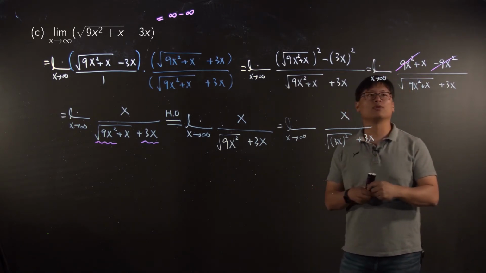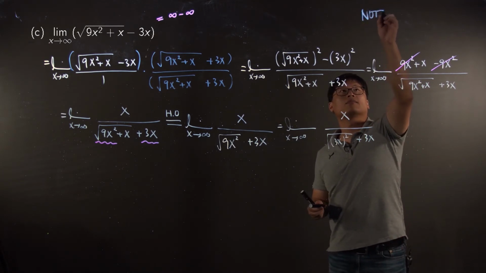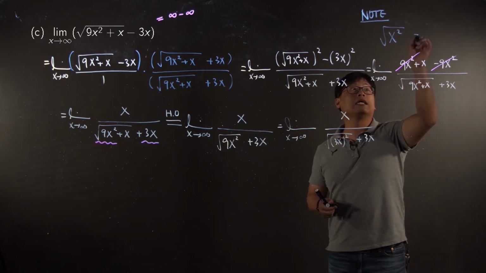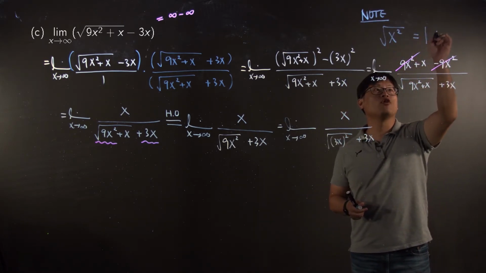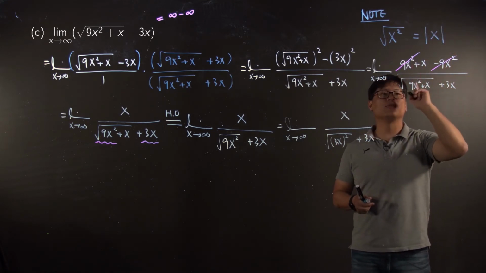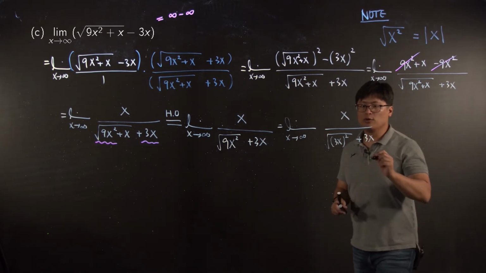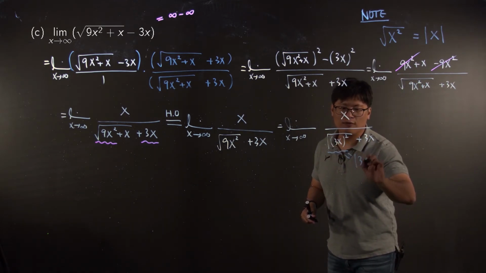Let me give you one important note here. Square root of x squared is equal to x? No. It is the absolute value of x. It depends on the sign of the inside. Does it make sense? Don't forget this. So this is equal to the absolute value of 3x.